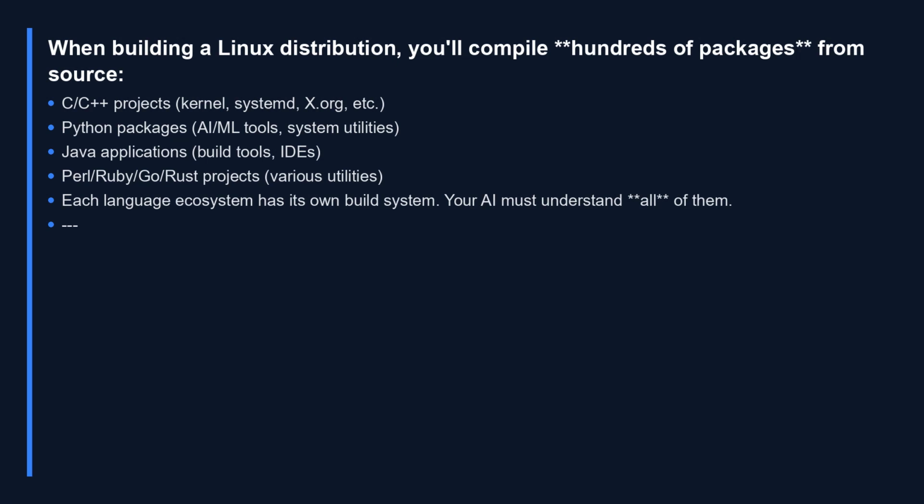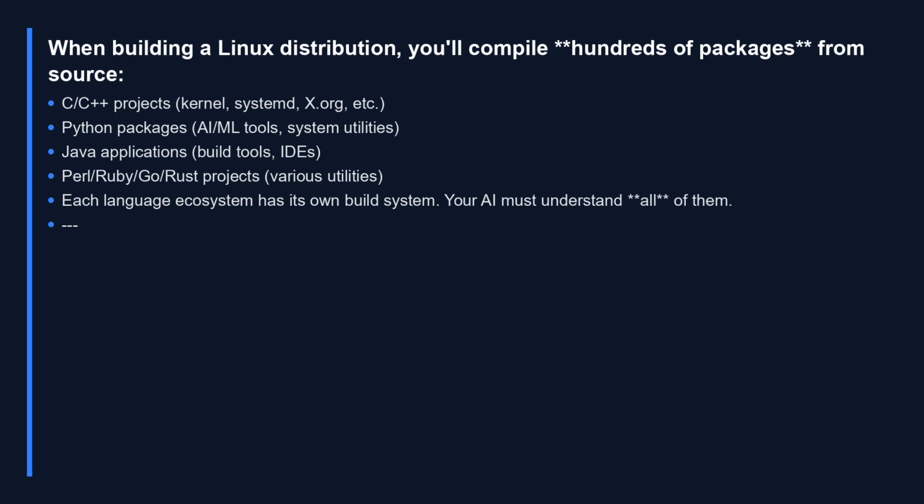Build system overview. Here's the reality of building a Linux distribution from scratch. You're not compiling one or two projects, you're compiling hundreds. The Linux kernel, systemd, X.org, OpenSSL, those are C and C++ projects. Your AI and ML tooling is Python. Build tools and IDEs are often Java.